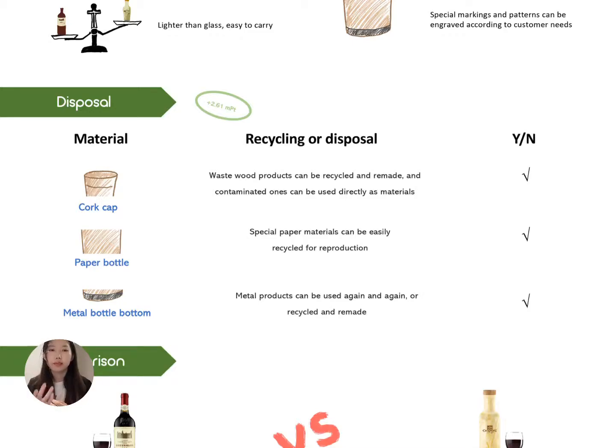Then there is the metal base, which can be recycled by the manufacturer and then used over and over again, just like the glass bottle of Coca-Cola, which only needs to be cleaned up and does not require complicated reworking. In this way, the recycling process for the new wine bottle packaging is much simpler than the original packaging.